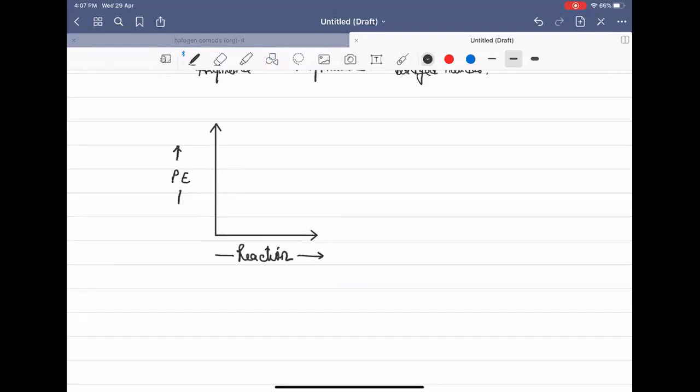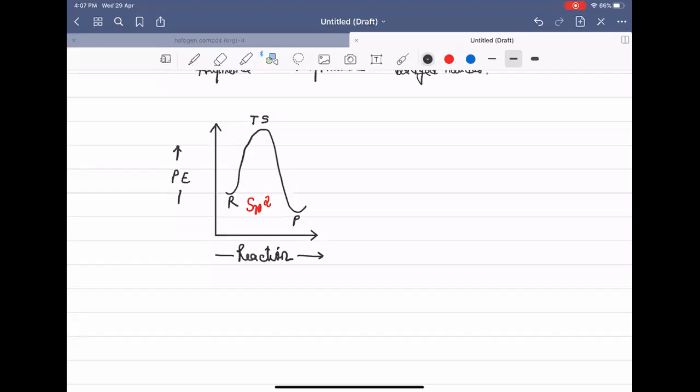Your reaction would go like this. This is products and this is reactants, and this is the transition state. This would be SN2. That is just a transition state and nothing else.